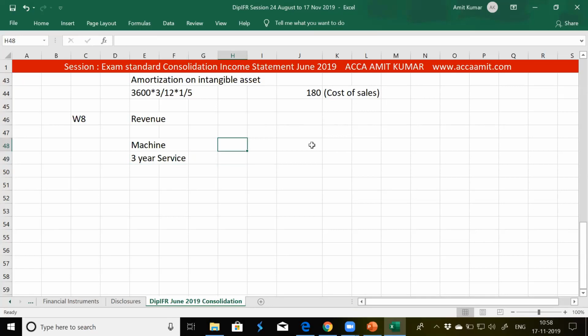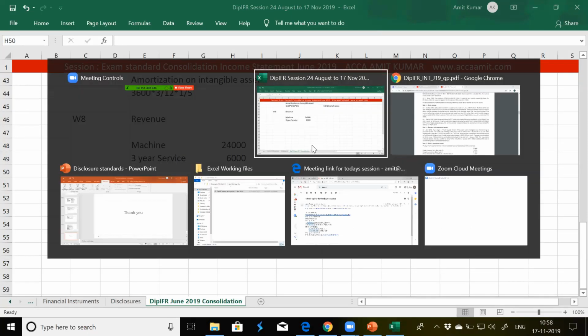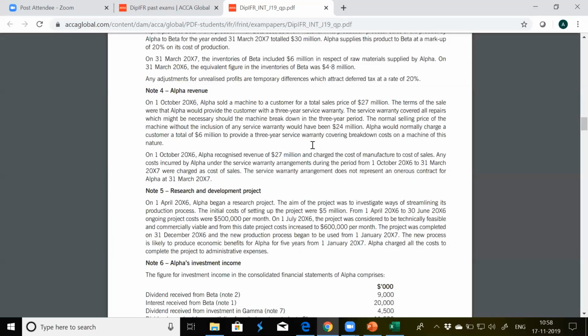The relative standalone prices are 24,000 and 6,000.